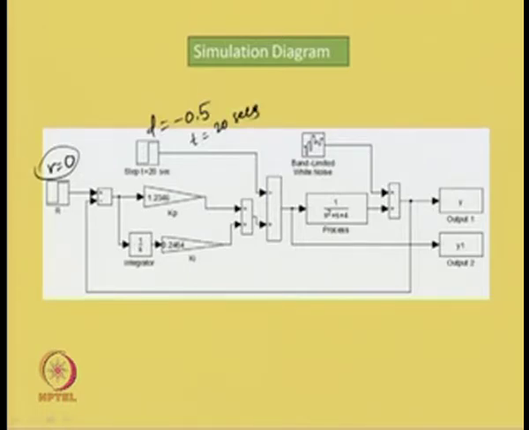Similarly, let the band limited white noise occur from the beginning of the simulation, that means at time t equal to 0. Now, to clearly see the effects of these disturbances, initially what shall we do? We shall first see the output response when the system is not subjected to any disturbances or measurement noise.